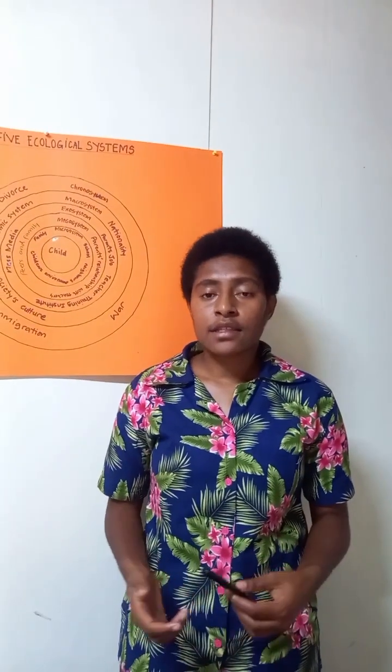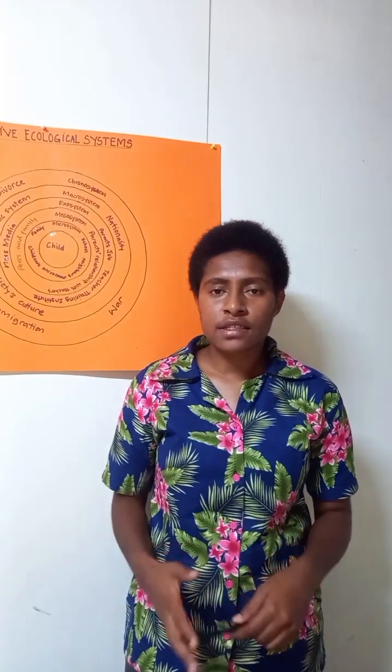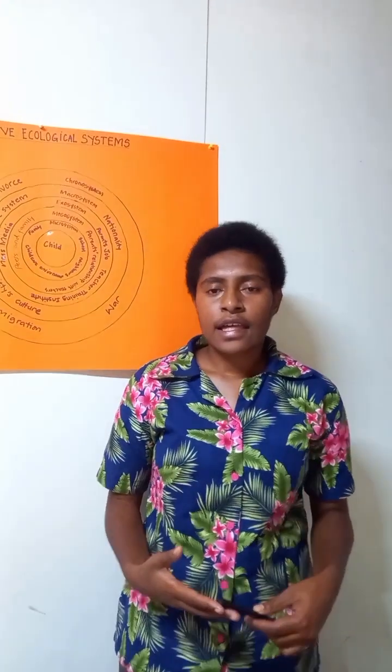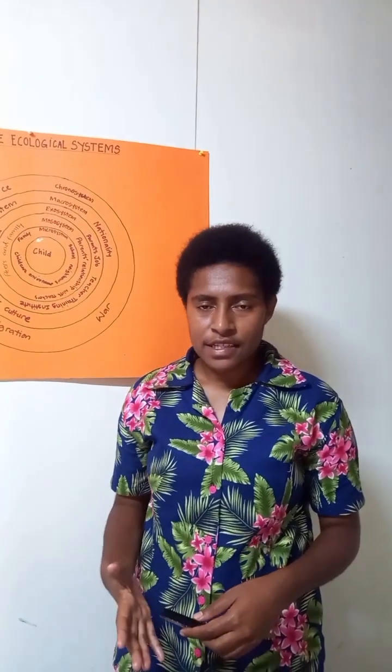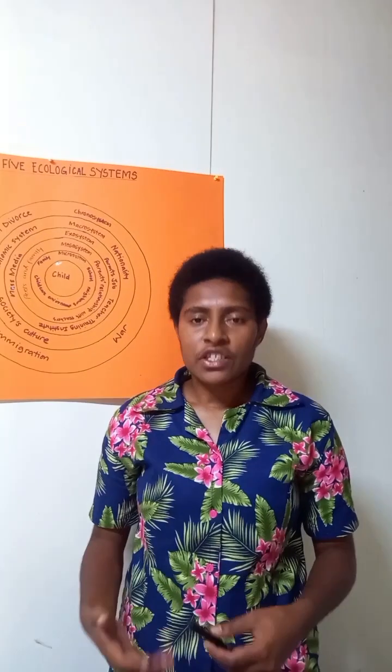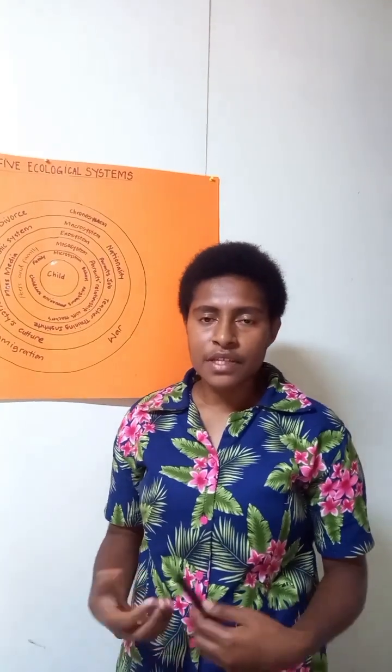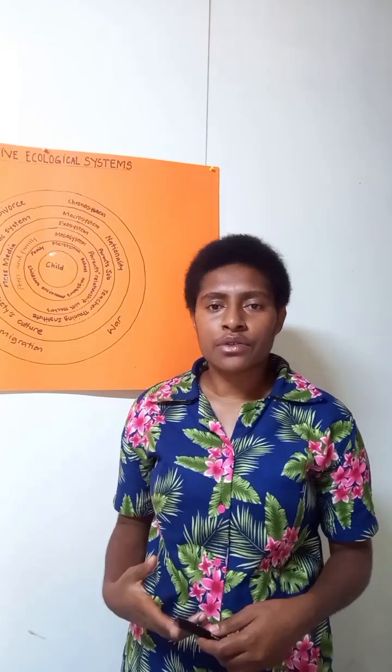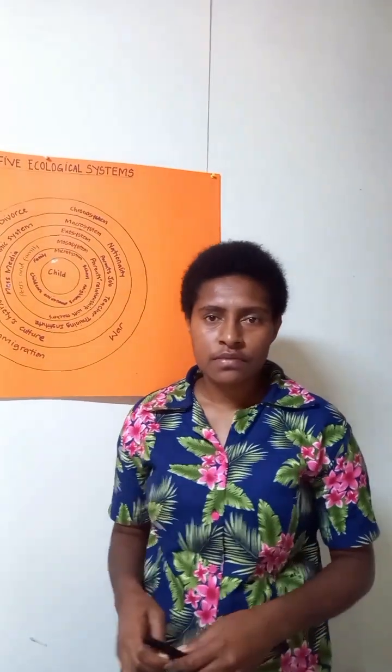In a sense, it negatively influences the way they think and learn in school. Therefore, looking at the child's macrosystem can help us understand ways in which a child's personality has been shaped. And that is basically what a macrosystem is all about.